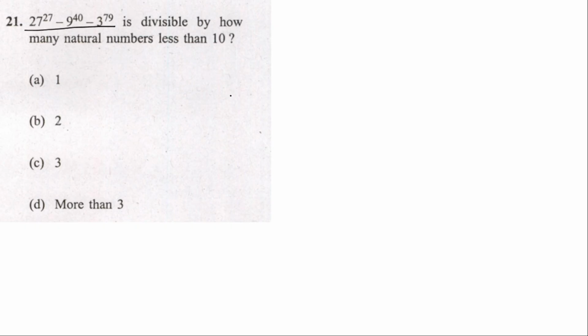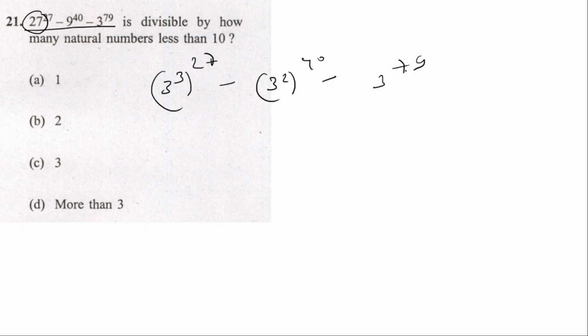What I can do is write 27 as 3 raised to power 3, and 9 as 3 raised to power 2. Then I will multiply 3 to the power 81, then 80, then 379.